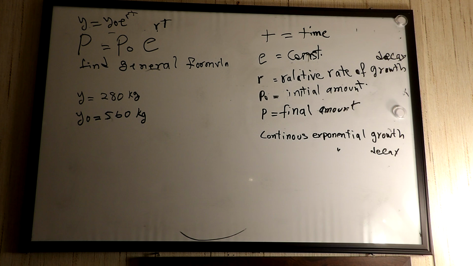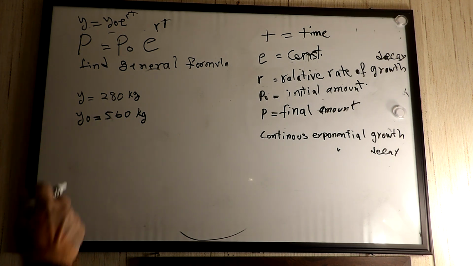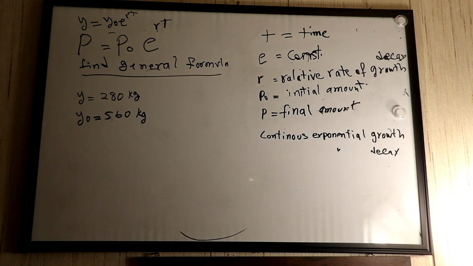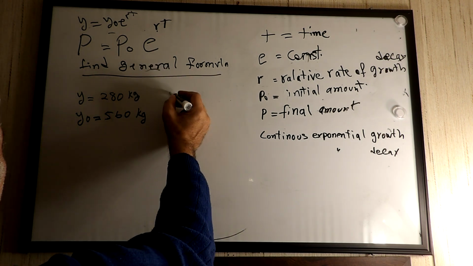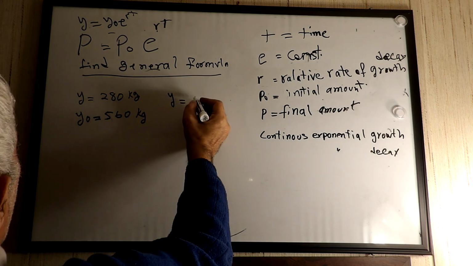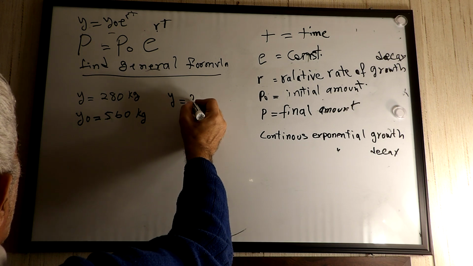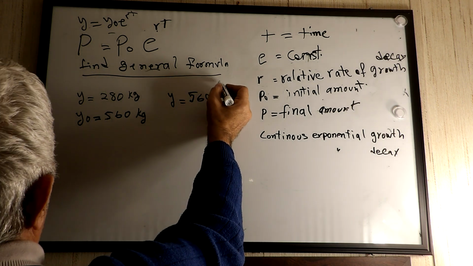Okay. Now we are going to write the formula. We have to find the general formula for that too. This is the general formula: y is equal to the initial amount, 560, e to the power of rt.